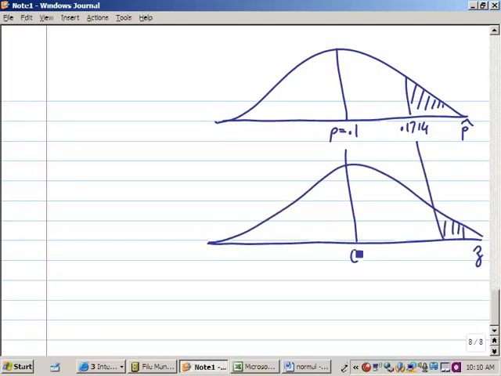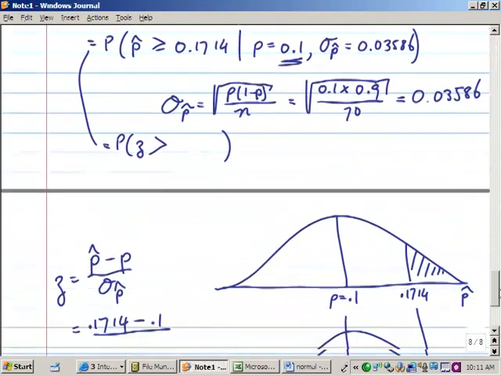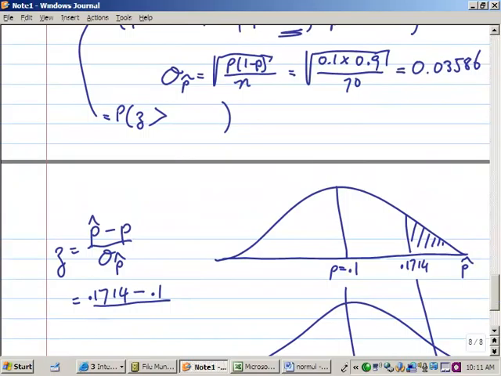We're going to translate this to the z distribution and find the z value corresponding to that limit. The formula for z is again the limit, P hat, minus the mean of the distribution, P, divided by the standard deviation of the distribution, sigma sub P hat. So it'll be 0.1714 minus 0.1 divided by our standard deviation, 0.03586.